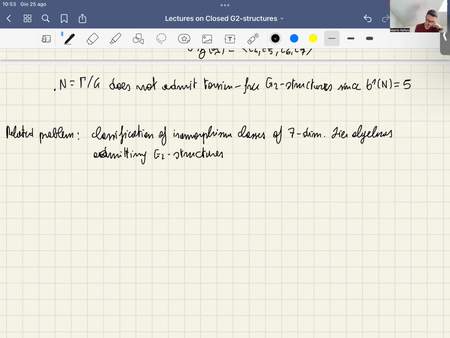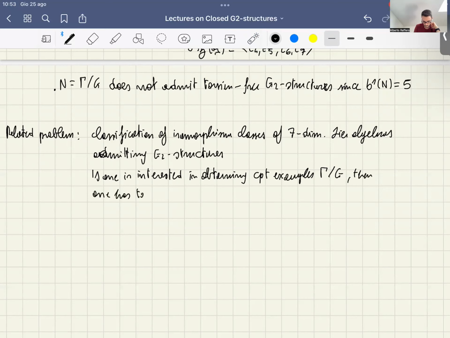And in particular, if one is interested in obtaining compact examples on compact quotients of this form, as in Fernandez's example, then one has to focus on unimodular Lie algebras.